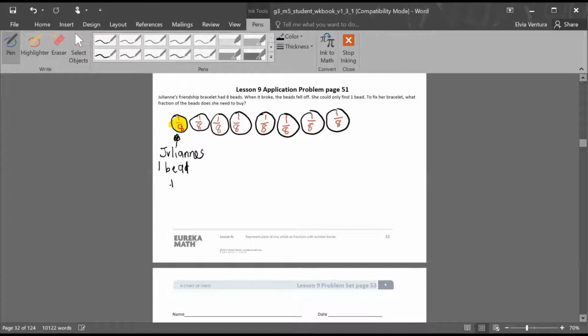So out of the 8, she found 1/8 of the beads. These beads represent the beads that she lost. So these are 7 beads. 1, 2, 3, 4, 5, 6, 7. 7 beads that she needs to buy.